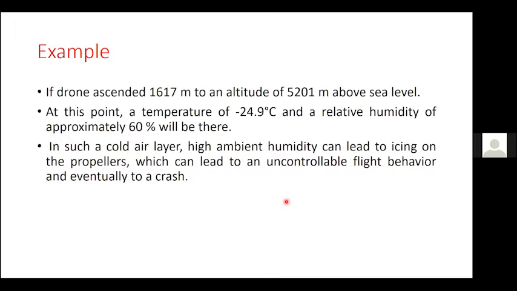Here in Ahmedabad, if I go to 1600 meters, there's no issue. But if I am in Srinagar and trying to go to 1617, there's the biggest issue, because as we go higher, the temperature goes down very drastically. If your altitude is 5,000 meters, your temperature will be around minus 24.9 degrees centigrade, and humidity will be around 60%. That means a cold air layer will be there.